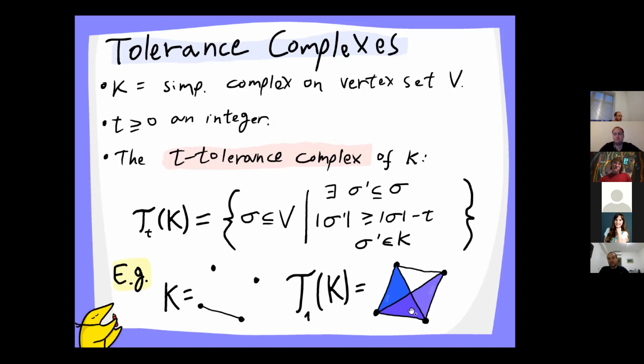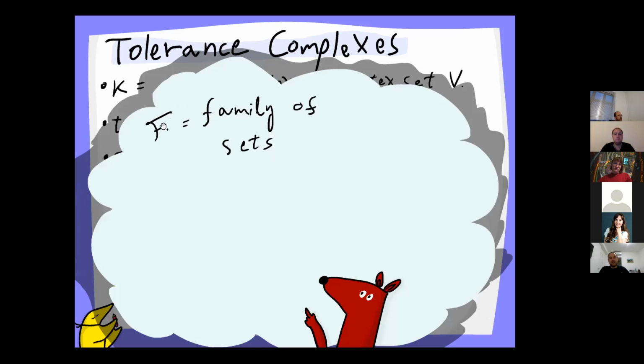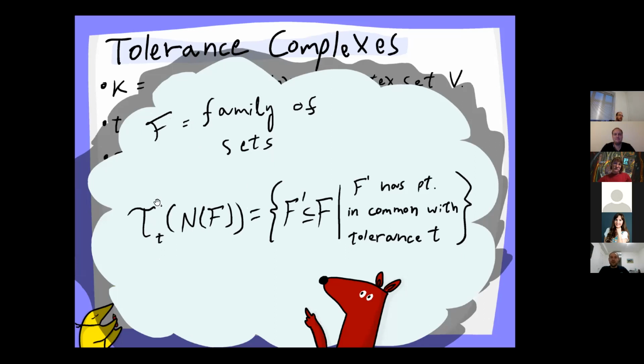In any of these triangles, we can remove its top vertex, and then we are left with this edge that belongs to the original complex K. Okay, so you can see the similarity of this definition to the definition of points in common with tolerance. And indeed, if F is a family of sets, then the t tolerance complex of the nerve of F is the complex whose simplices are exactly the subfamilies of F that have a point in common with tolerance t.